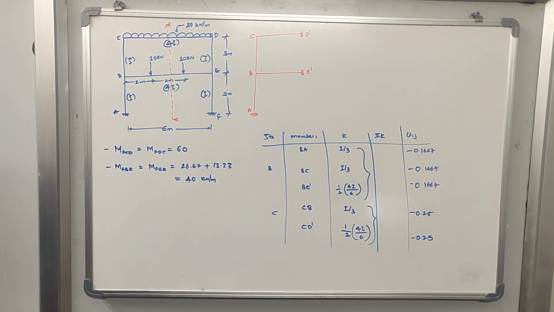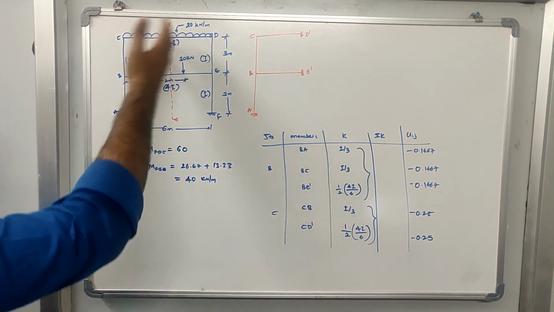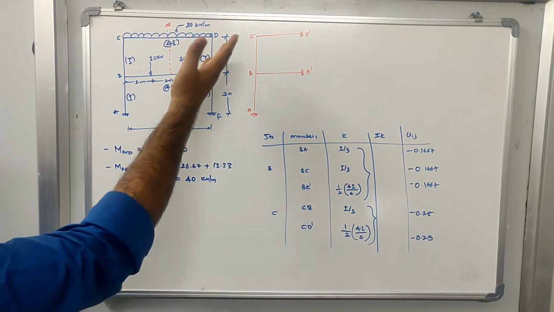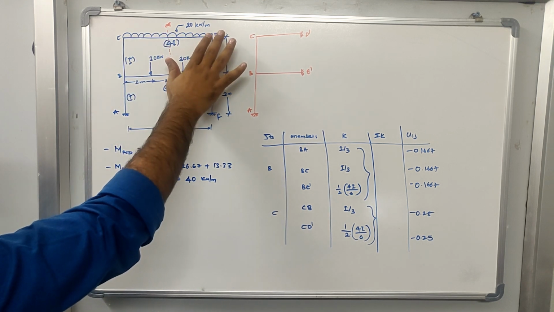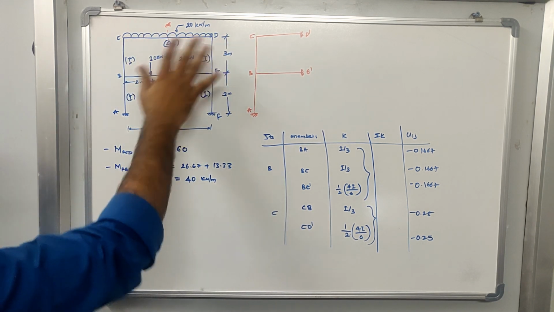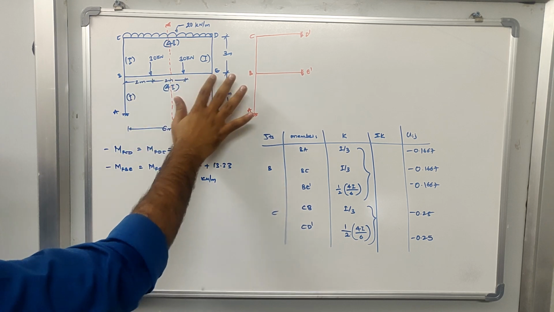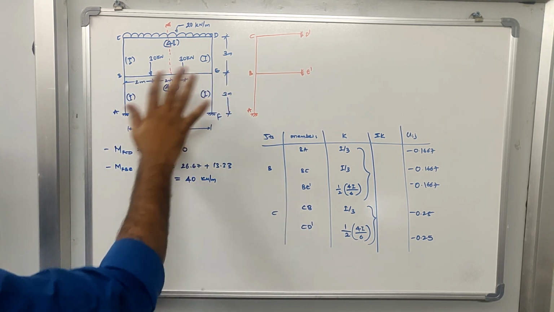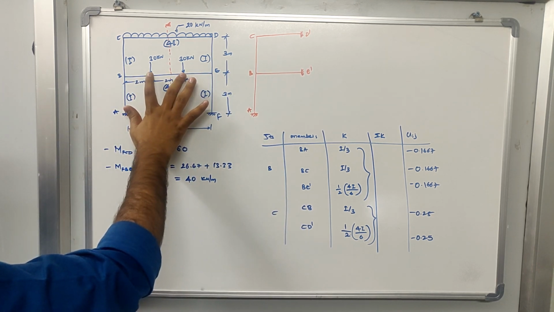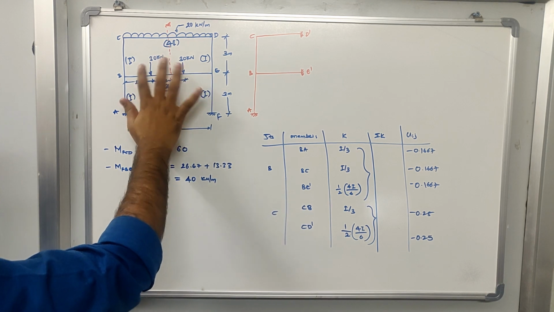Okay, the next condition is to see whether the loads are symmetrically distributed or not. A UDL always distributes symmetrically, so that's why we have a symmetrical load on the beam CD. Next, going to beam BE, this beam is subjected to concentrated loads of 30 kN and 30 kN, which are of the same magnitude.